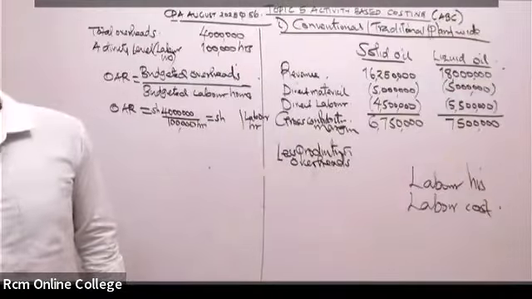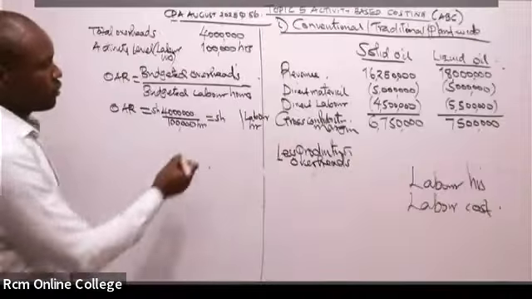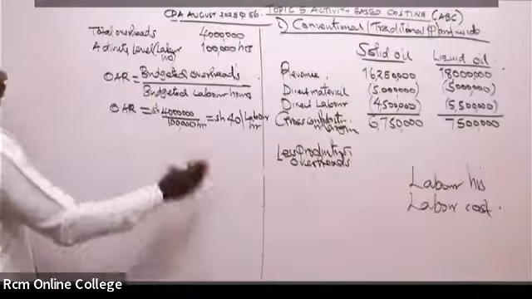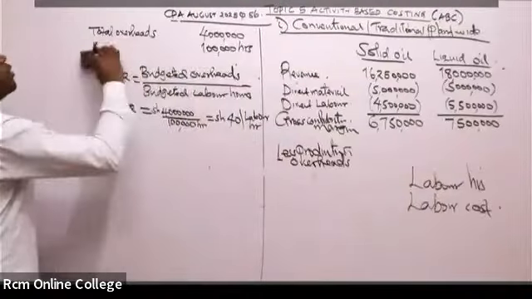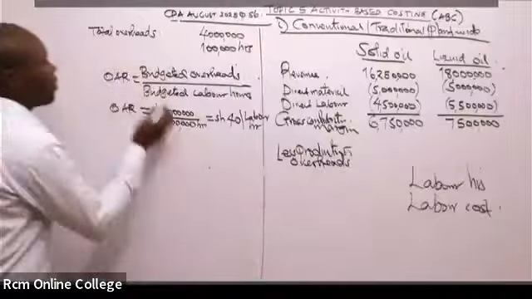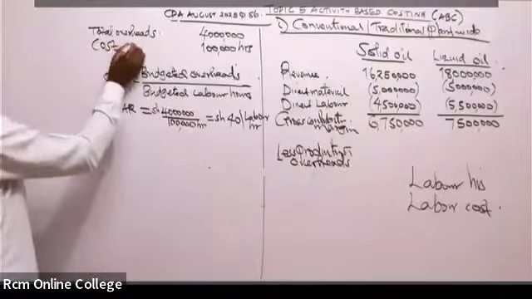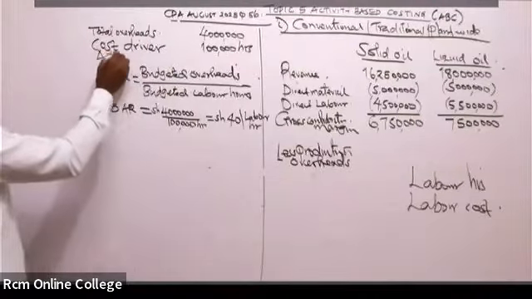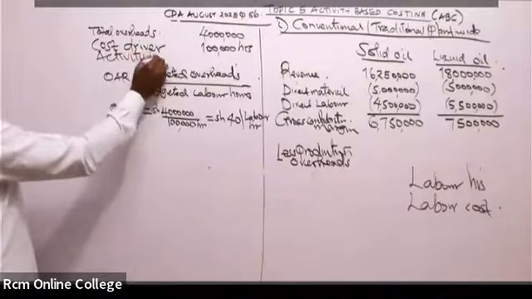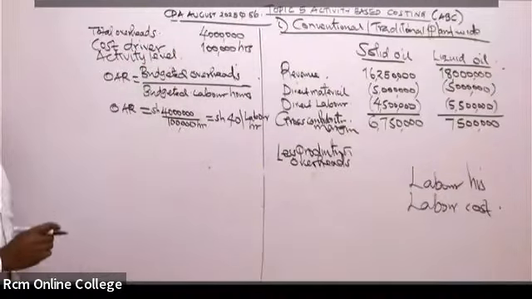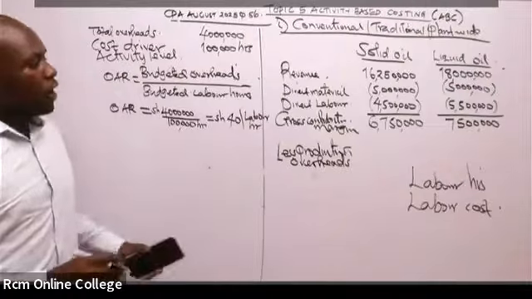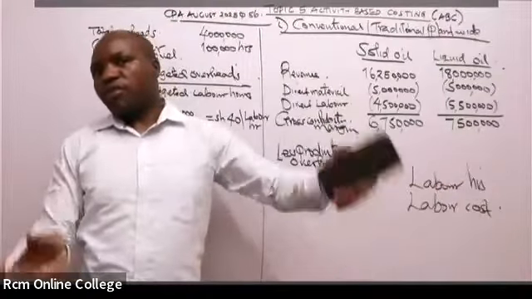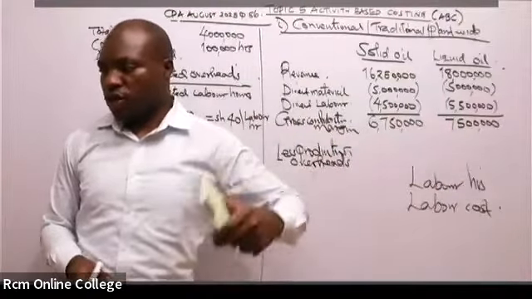How much is it? Good. So we now have our overhead absorption rate. For every direct labor hour, 40 shillings of the production overheads is absorbed into the production process.